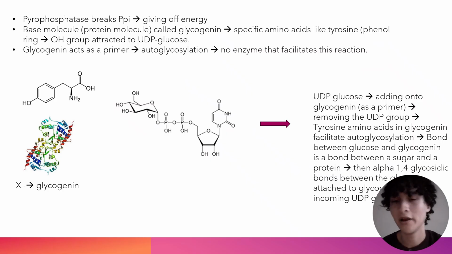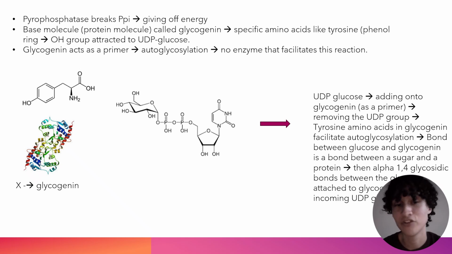But the first real step of glycogenesis isn't actually enzyme controlled. It's called autoglucosylation. This happens automatically without enzymes. The first few residues build, but we need a primer, kind of like with DNA synthesis. You need RNA as a primer to then elongate and build DNA using that RNA primer.